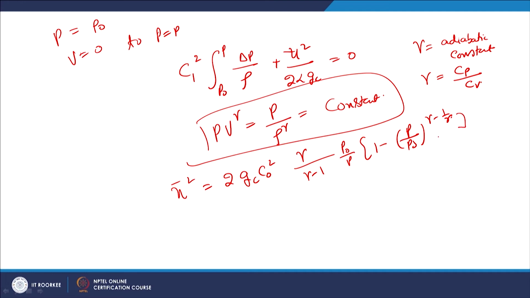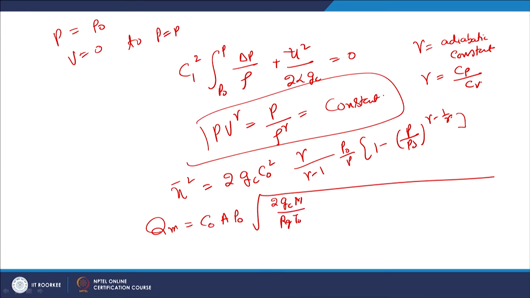Therefore the mass flow rate at any time during the isentropic expansion can be given by Qm is equal to C naught A, where A is the area of cross section, times P naught times the square root of 2 gc M upon Rg T naught times gamma upon gamma minus 1 times ((P upon P naught) to the power 2 upon gamma minus (P upon P naught) to the power gamma plus 1 upon gamma).